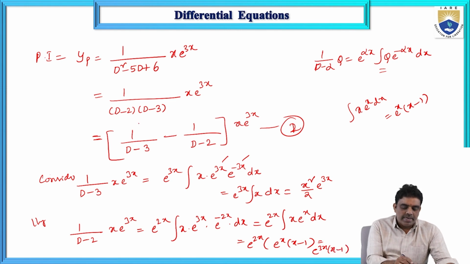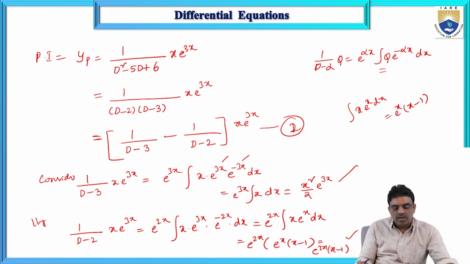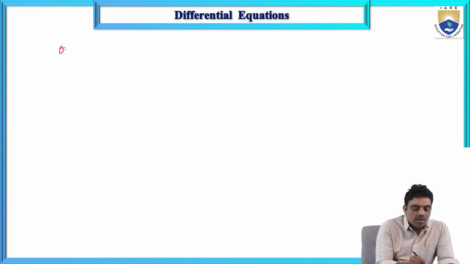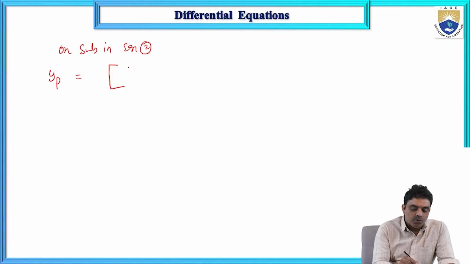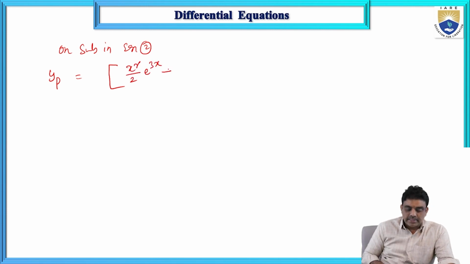So the first value, 1 by d minus 3 of x e power 3x, is this, and 1 by d minus 2 of x e power 3x is this. So on substituting these two values in equation number 2, yp is equal to x square by 2 e power 3x minus the second term.